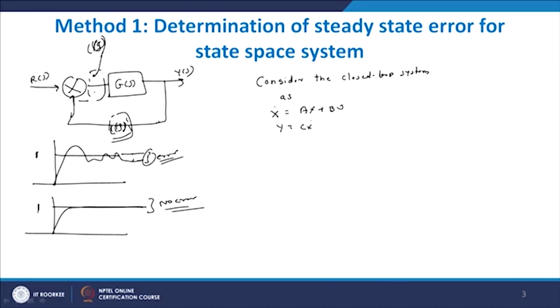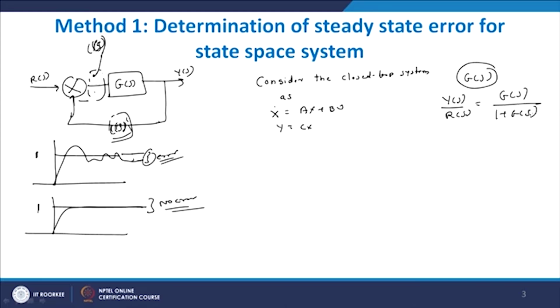Now, we have plant G(s), and Y(s) by R(s) equals G(s) upon 1 plus G(s).